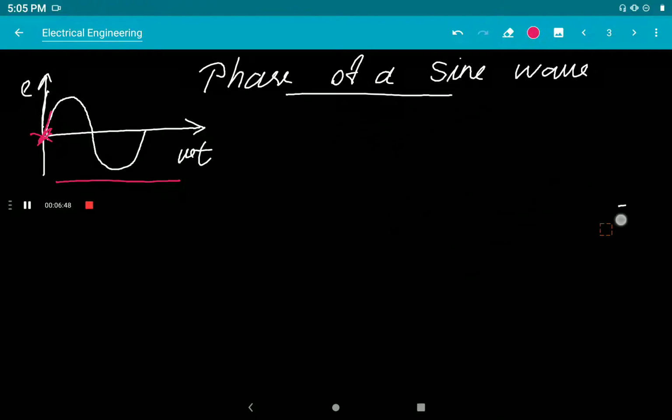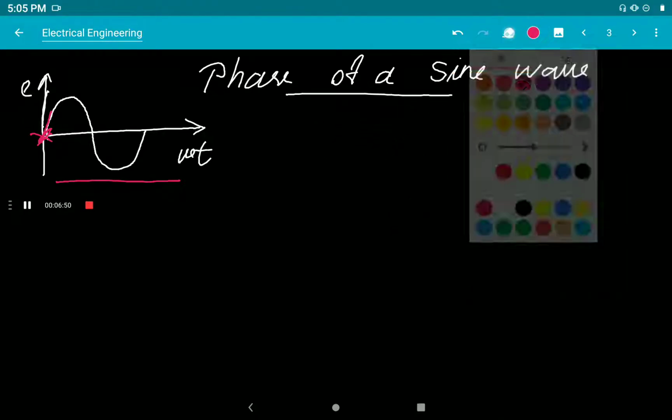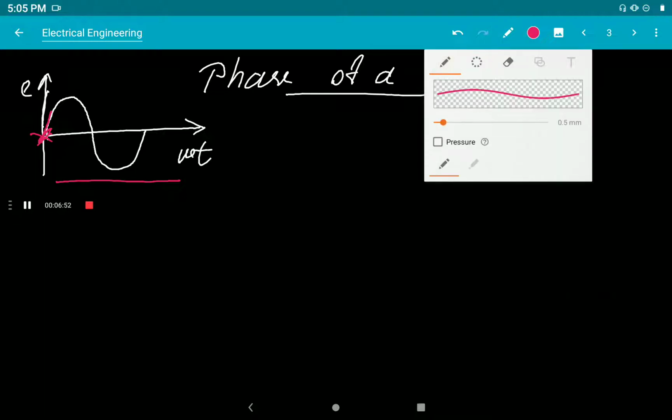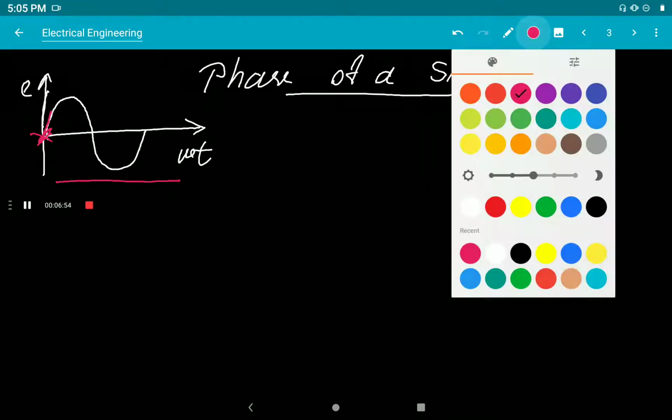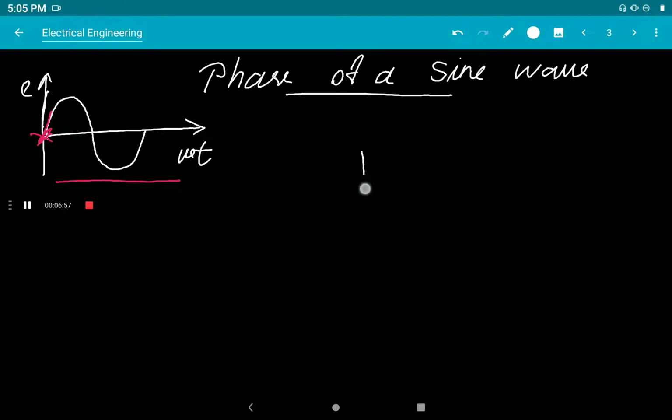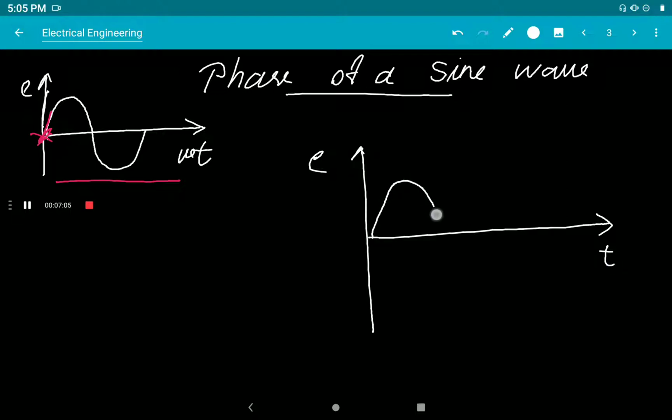Another one I will represent here, just representing E and T, and this is our reference wave. Okay. Now one wave which is passing through the same way.